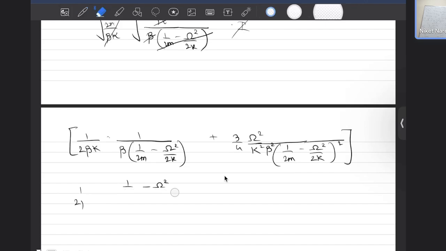Okay, no, I'll have to be a little more careful. Let's do this. This is beta square kappa. This is 2 beta square kappa, and this is 3 omega square upon 4 kappa square beta square.